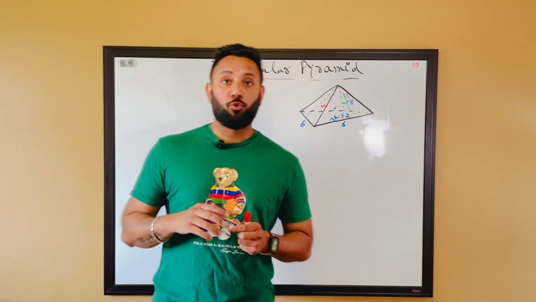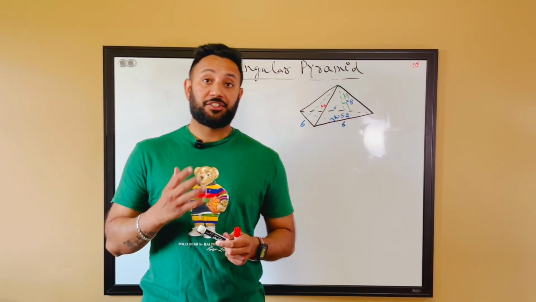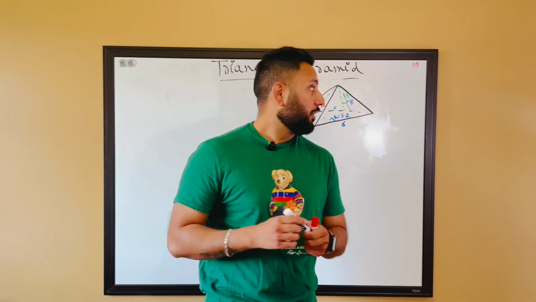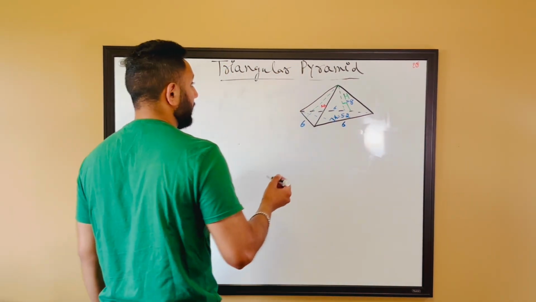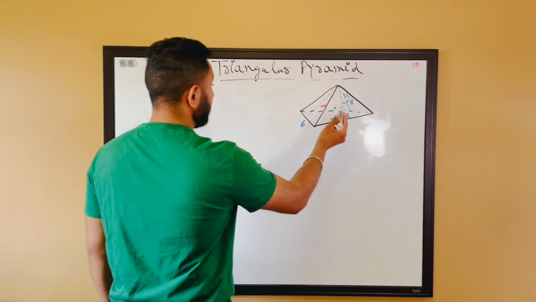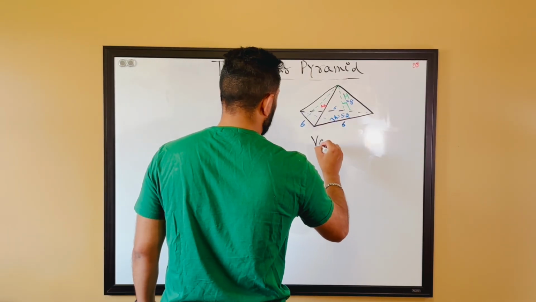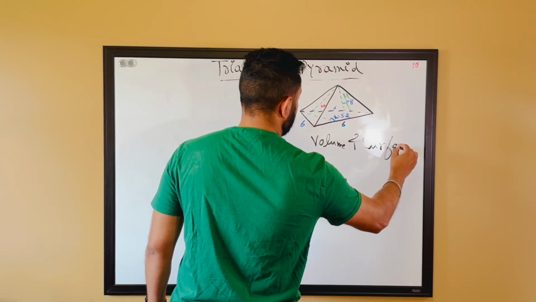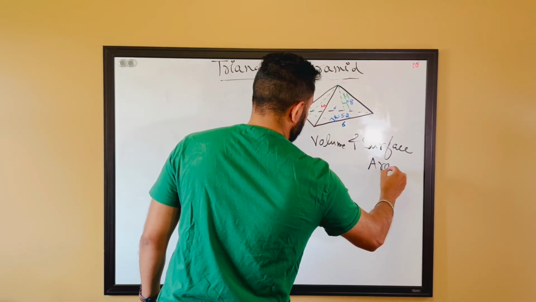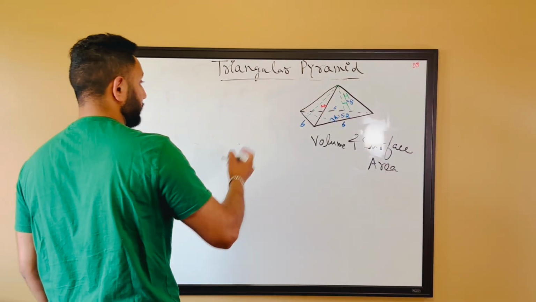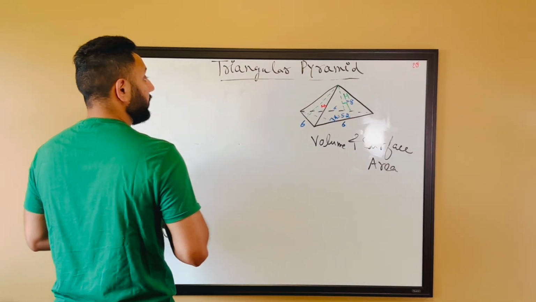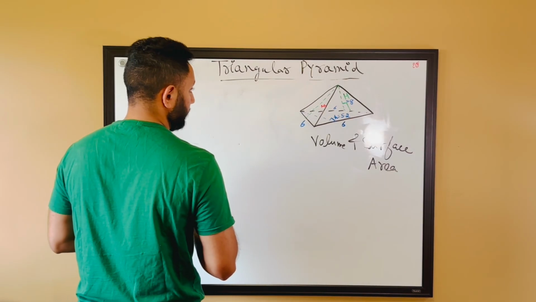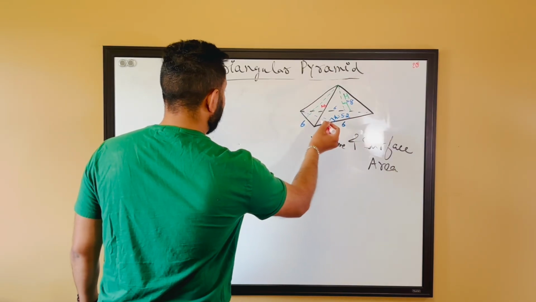Now we're gonna do one example because that's how we can decipher the topic well. What is given to us is this figure, and what we need to find out is volume and surface area. So let's focus on what is given to us. Let's start from the base.